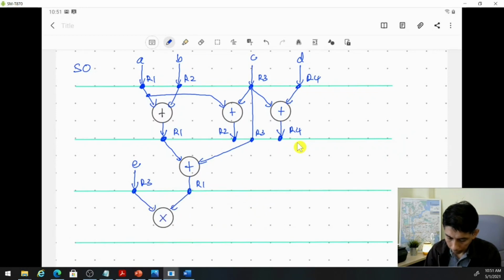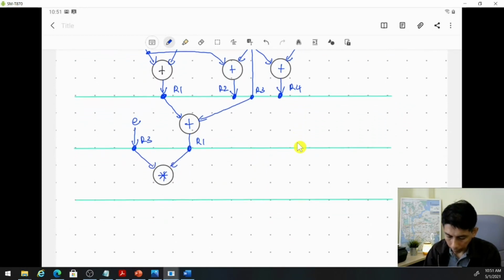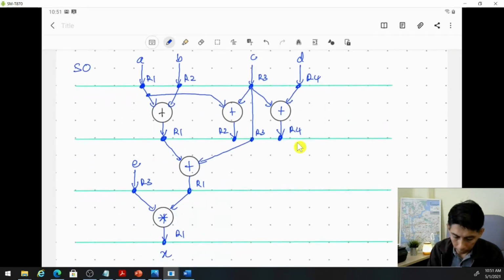Multiply to get the result here, which can be in R1, and this should be X. So this should be S1, this should be S2, this is S3.